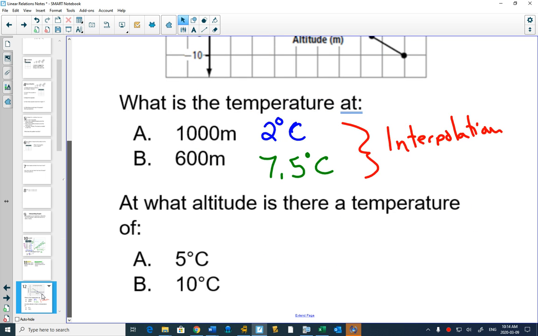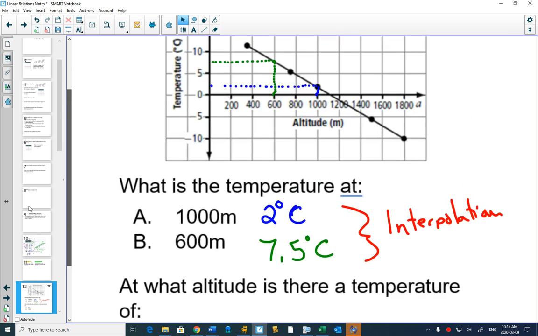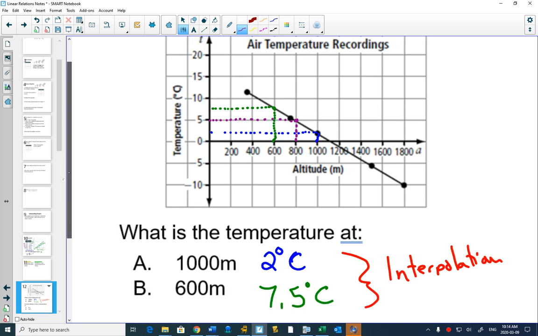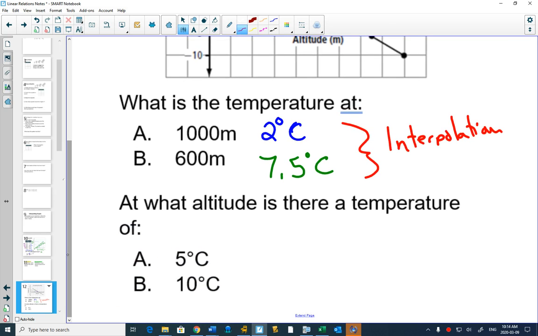We can also interpolate and extrapolate if they give us the other thing. Now they want to find the altitude at 5 degrees and 10 degrees. So I'm going to keep switching colors here. If I go from 5 degrees over, I hit the line right there and then go down. That one looks like it worked out perfectly to be at 800 meters.